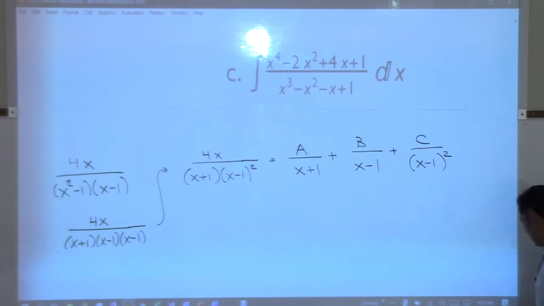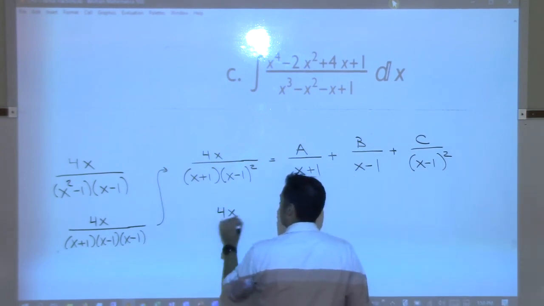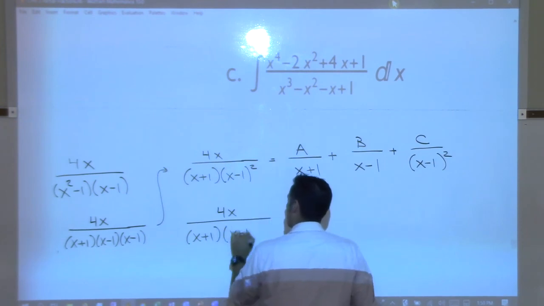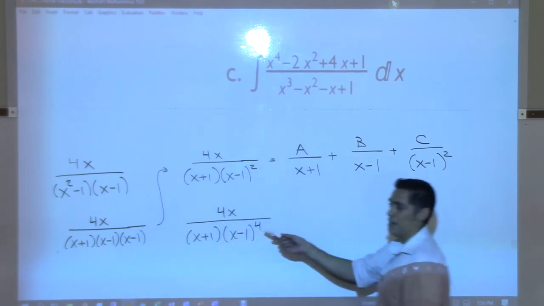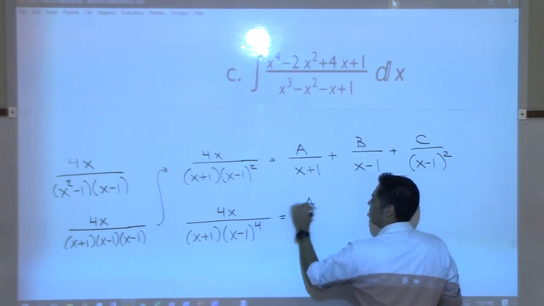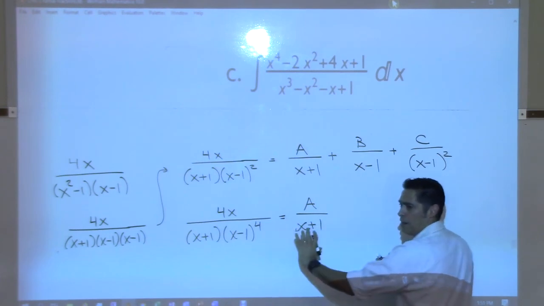The way I like to look at it is this. Let me give you a different example underneath this, just slightly different. Let's say that we had this. The method here would be distinct linear factor done with x plus 1.